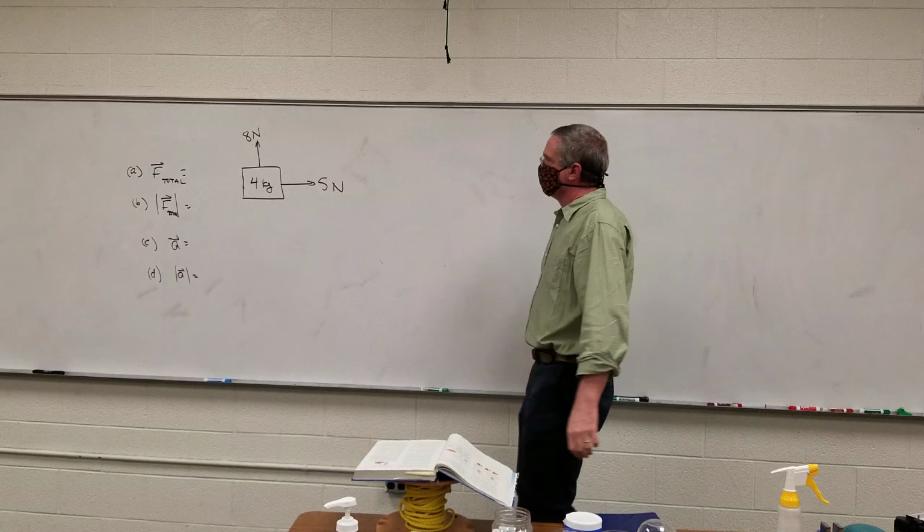Alright, so the total force: I have two forces acting on it, in two different directions. The simplest way of adding them is to create I hat and J hat, unless you like writing out to the right and up.